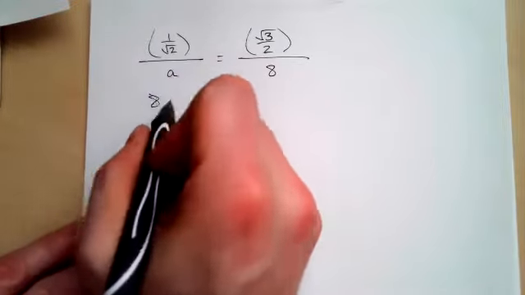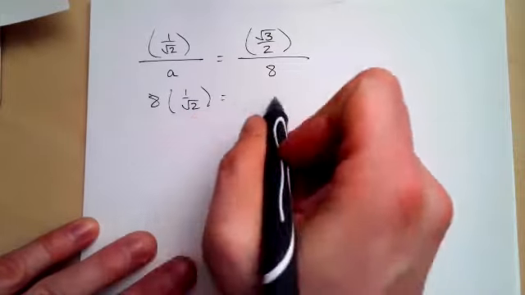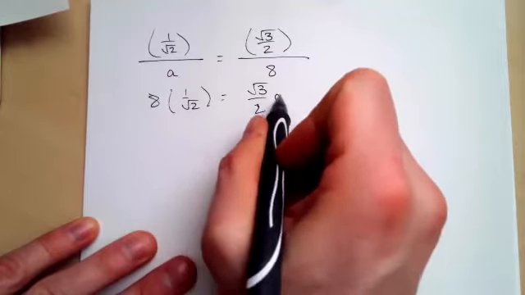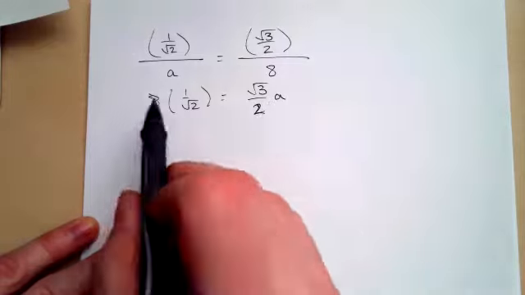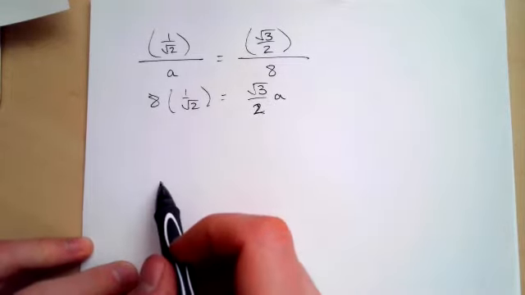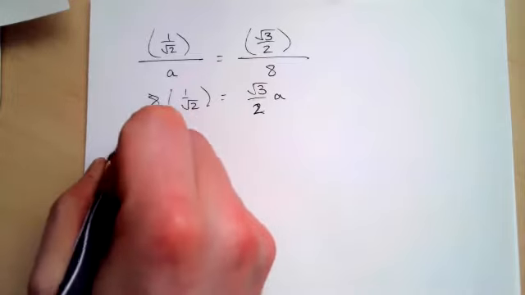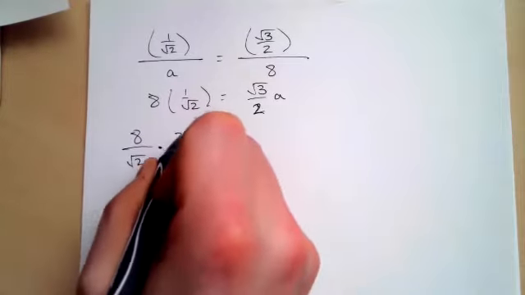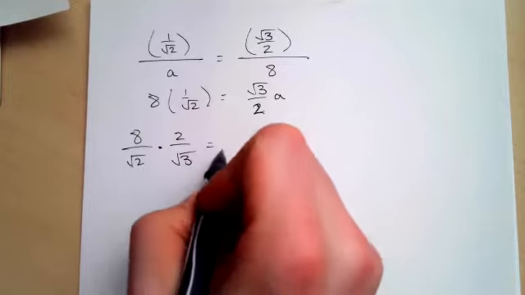That's an easy way to do it. So we'll have 8 times 1 over square root of 2 equals square root of 3 over 2 times A. Then we divide by square root of 3 over 2, or multiply by 2 over square root of 3. So we will get 8 over square root of 2 times 2 over square root of 3 equals A.